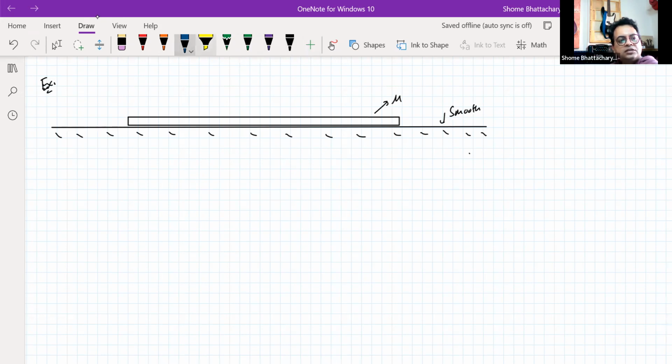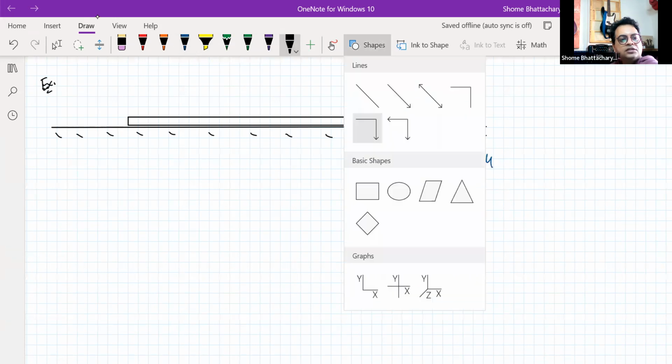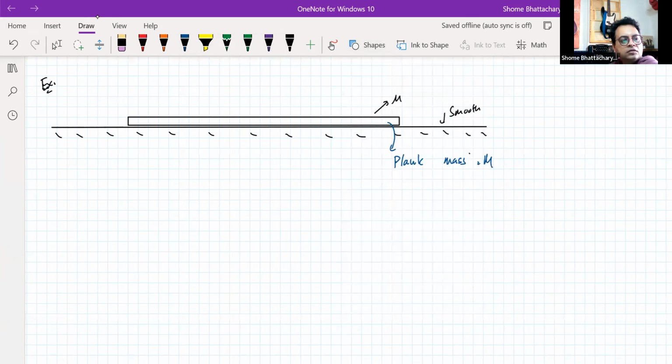And basically this is a plank of mass capital M like this. Okay. Now on top of the plank, we have placed a comparatively very small block of mass small m.